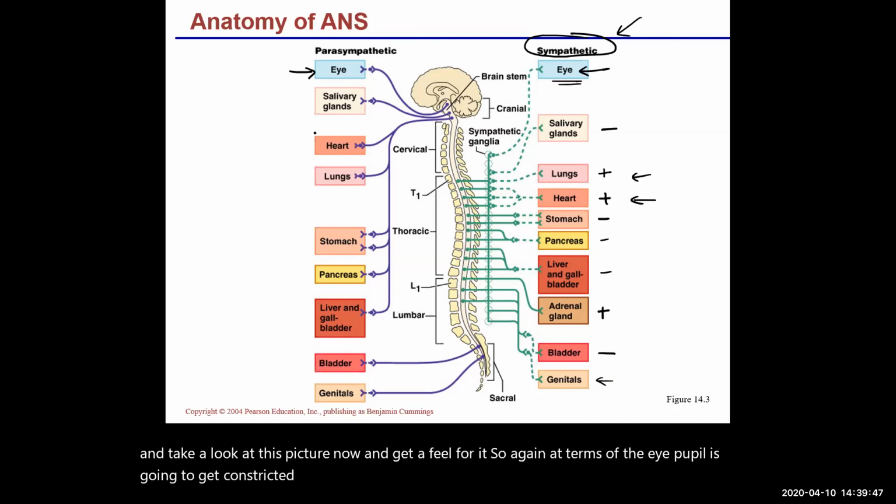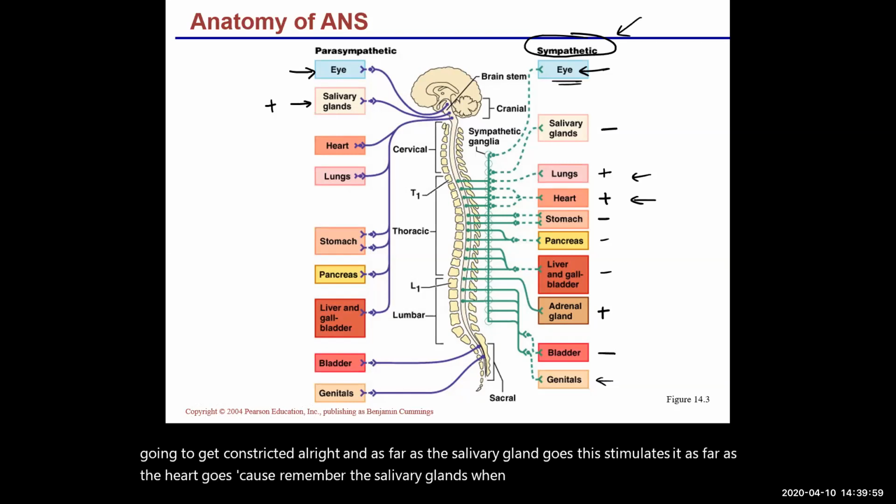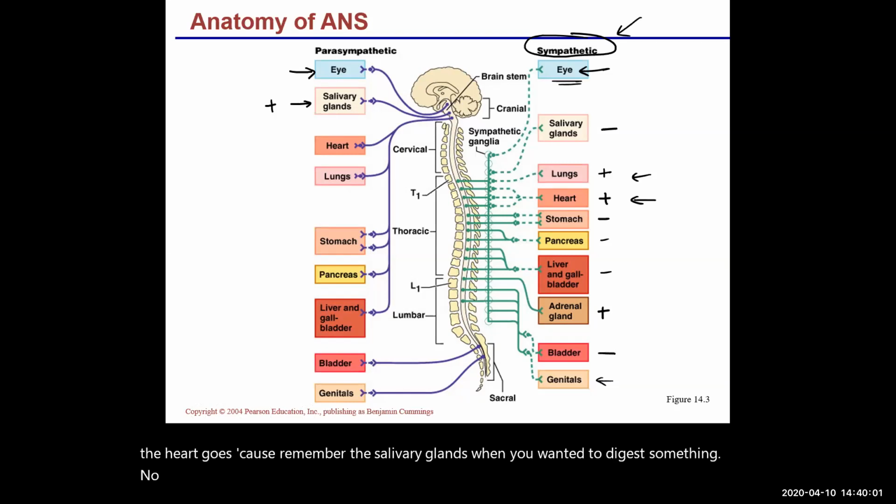And as far as the salivary gland goes, this stimulates it. Remember, the salivary glands, when you want to digest something, are now producing saliva. Saliva would lubricate the food and make it able to be digested more easily.